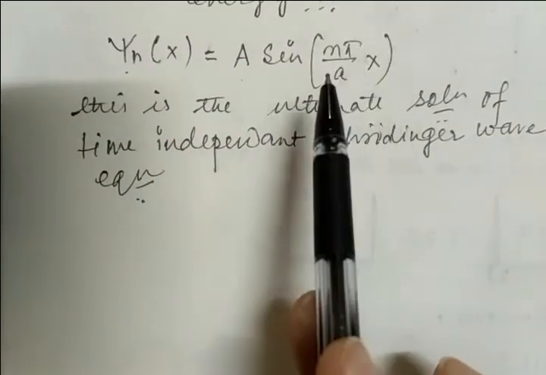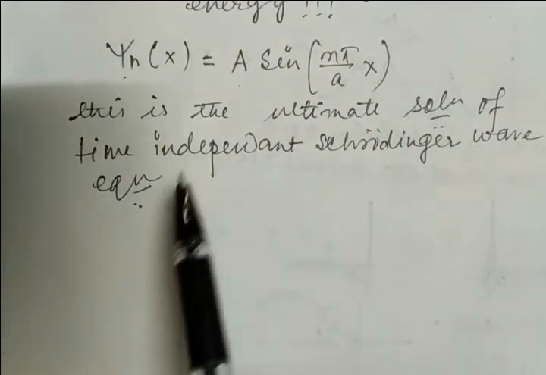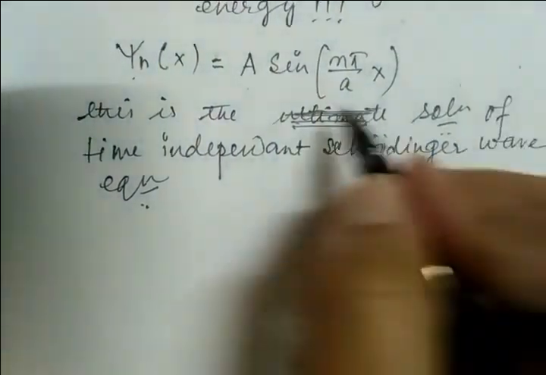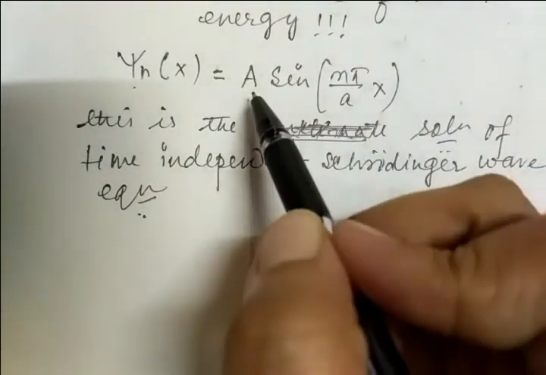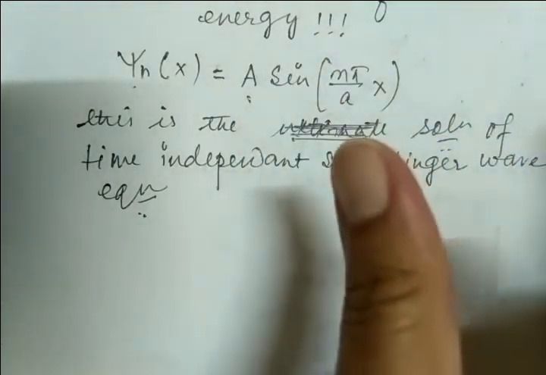So we have to solve this a. Okay, and after that we can say that this is a complete solution. Here I am wrong, it is not an ultimate solution, it is a solution of the equation, but whenever we are able to solve this parameter a, then it will be a complete solution.